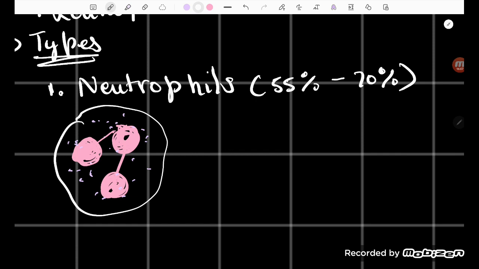So let's go back to the points. So again, the noticeable thing is 3 to 4 lobes. They have granular cytoplasm. So these both are depicted in here.